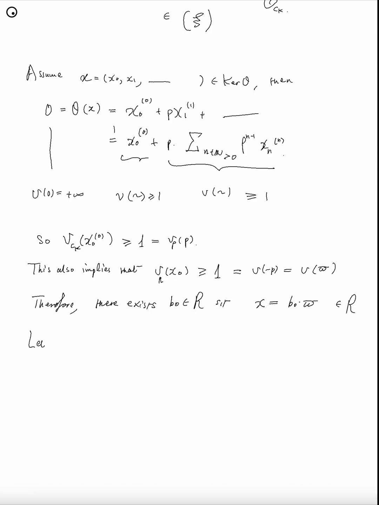Now let b tilde be the Teichmüller lift of b0, so this is in W of R now. Then let's consider x minus b c. Those are elements in W(R).